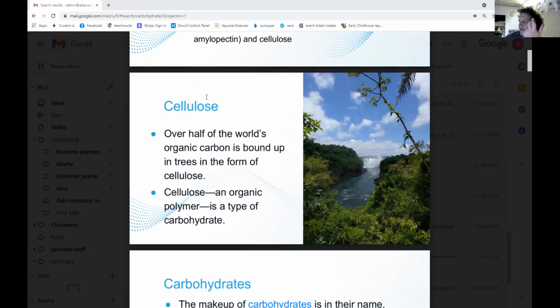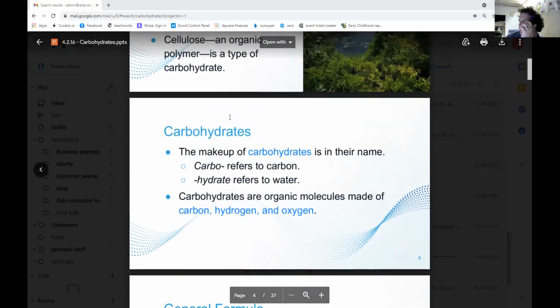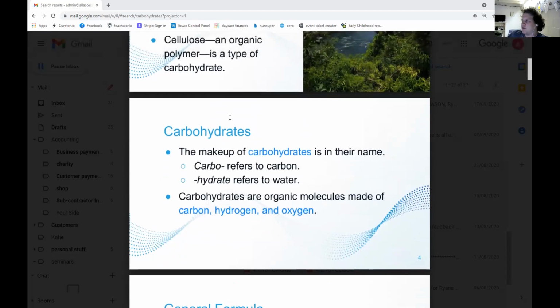So carbohydrate, we have carbon, we have hydrogen and oxygen. Carbo is carbon, hydrate is water. So carbon, hydrogen and oxygen.